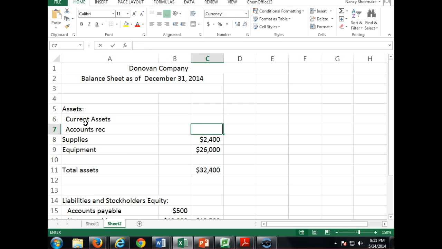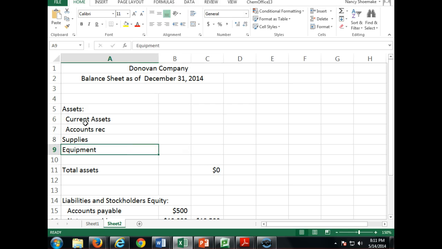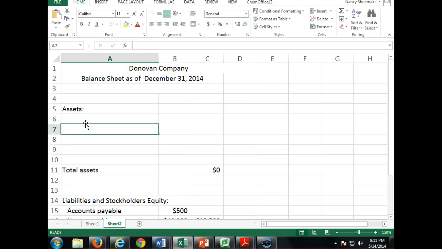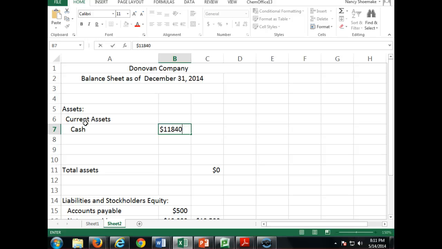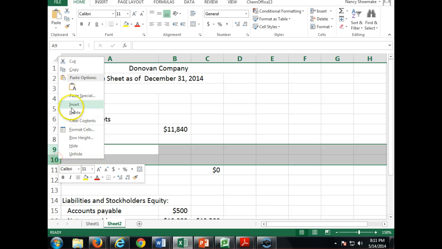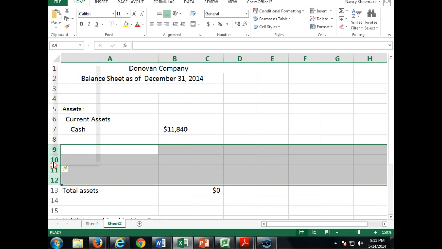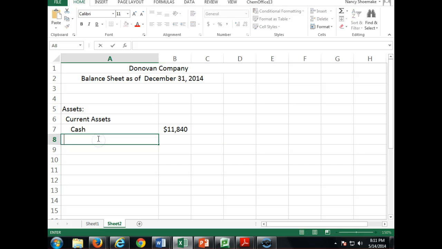So what do we have in current assets, guys? We have cash of how much? $840. What's next? Accounts receivable of how much? 12,600.